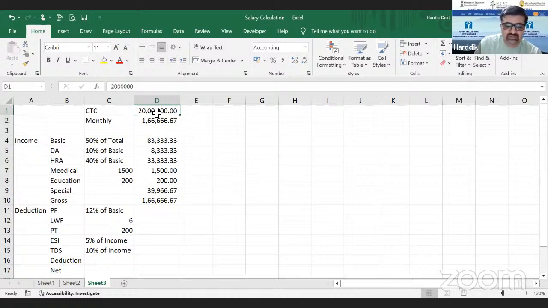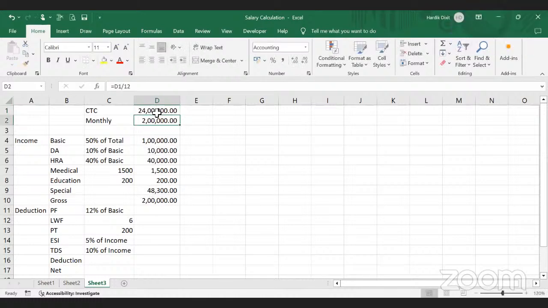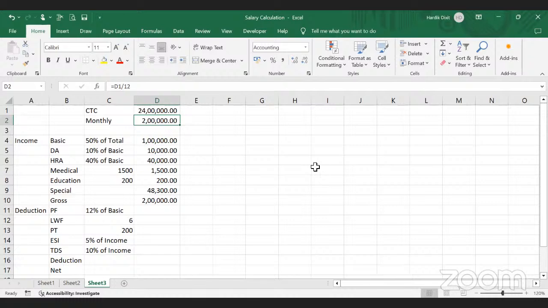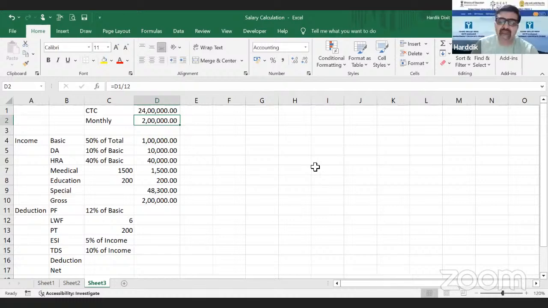If I make it 25 lakhs, all right. So this is the emolument one will get if he or she is present for all 31 or 30 days. Okay, now let's come to the deduction part.